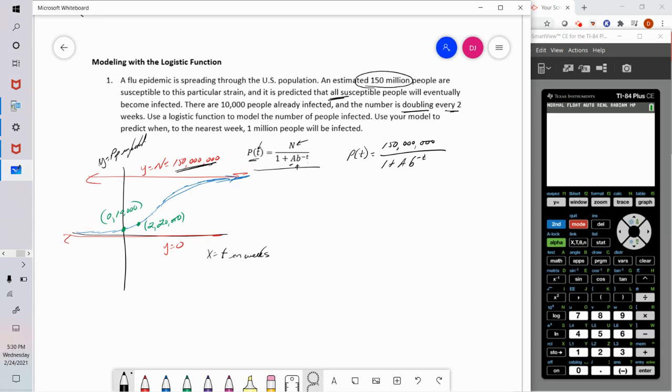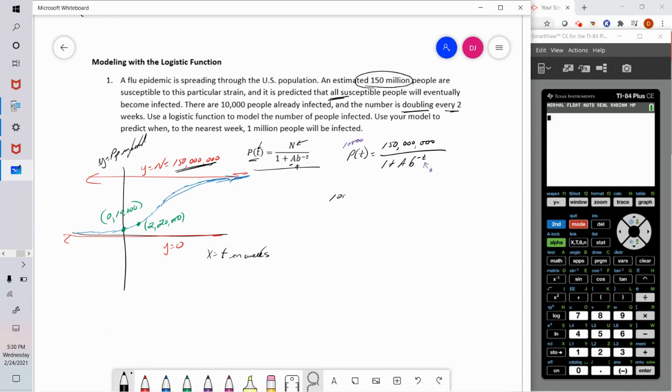Now to compute our a value, we're going to take our first point, 0, 10,000. We're going to substitute that 10,000 in for P of t and 0 for t.